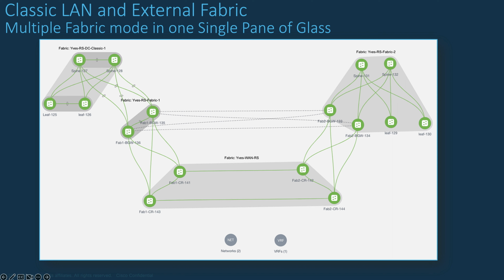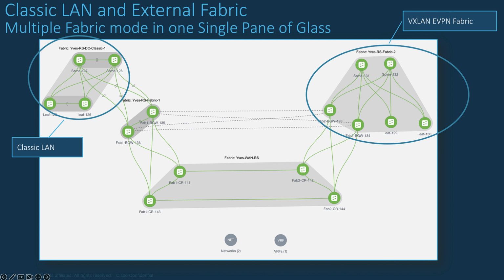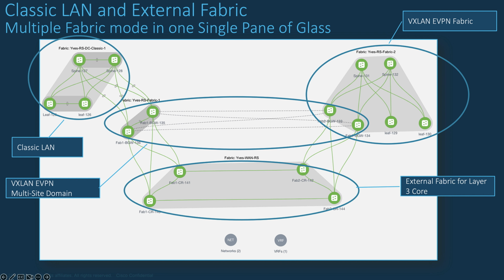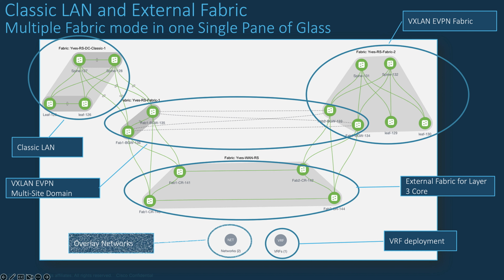This topology shows the combinations of multiple fabrics in one single pane of glass with here a classic LAN, a VXLAN EVPN fabric, the multi-site domain, the external fabric that depicts the intersite networks and the WAN. You can look at the VRFs and the networks, how many overlay networks and VRFs have been deployed and where they have been attached.